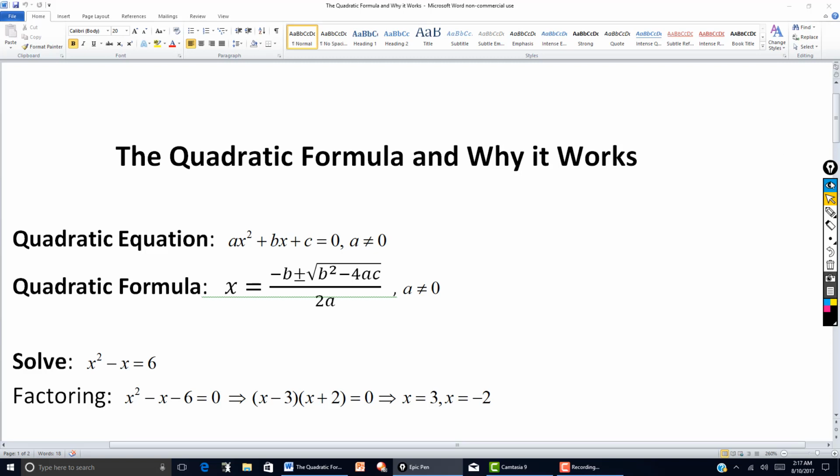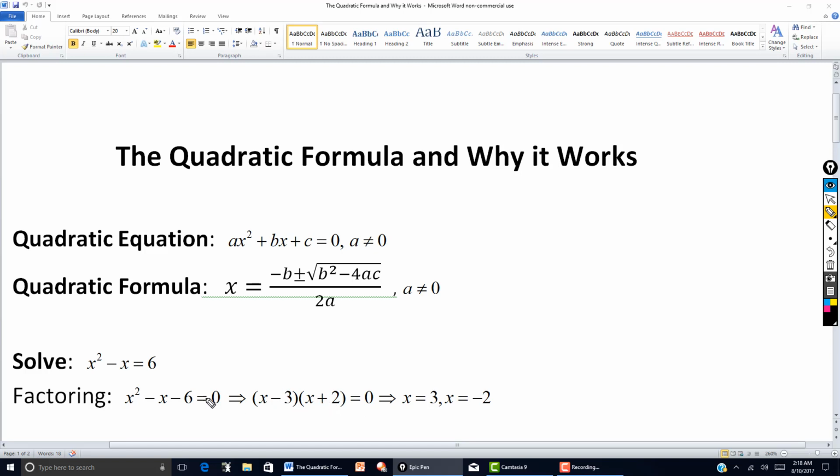So if x times y, and it could be 2 or it could be more, so x times y times z is equal to 0, then either x or y or z has to be 0, or they could all be 0. We use that idea: make one side 0. If you're asked to solve by factoring, make one side 0, and then factor the other side.